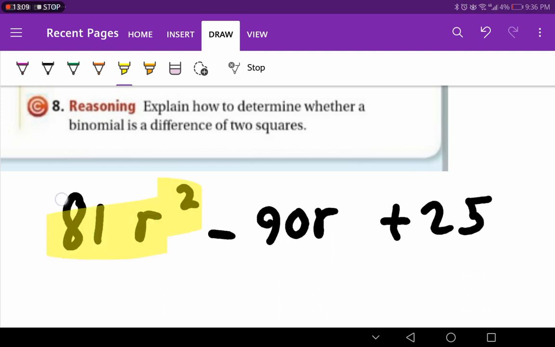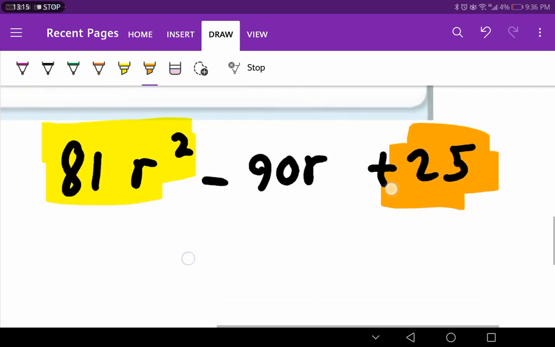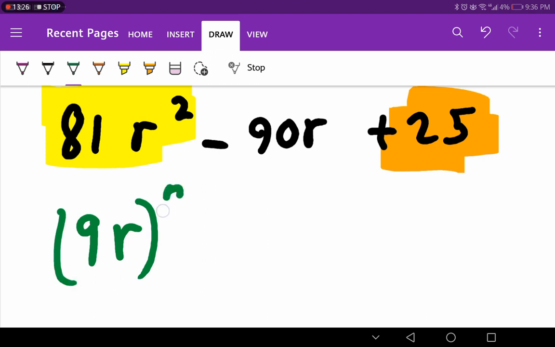Check the first term and the last term, they are squares. And the first square comes from 9r. And the second one comes from 5, yes? And the middle stays.